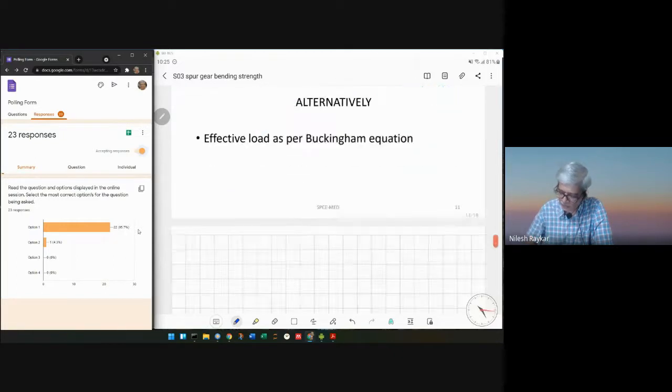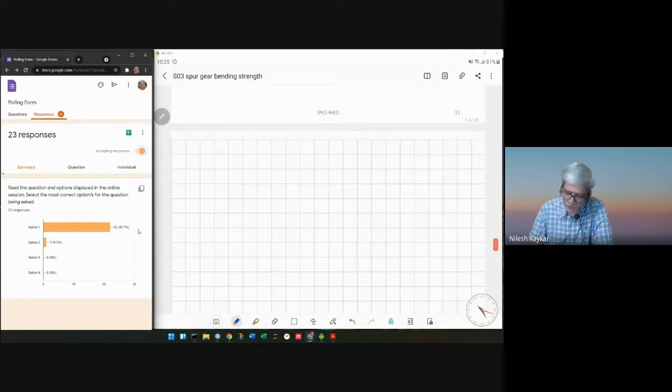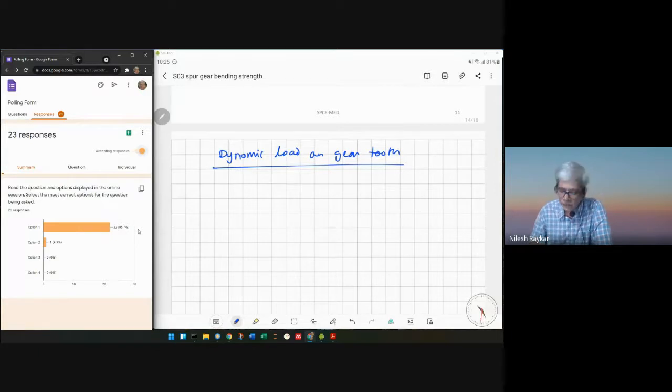So let me take a page. Dynamic load on gear tooth. This dynamic load on gear tooth comes because of various reasons. One particular thing is inaccuracies in manufacturing.